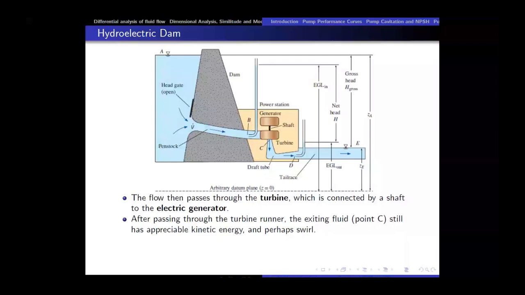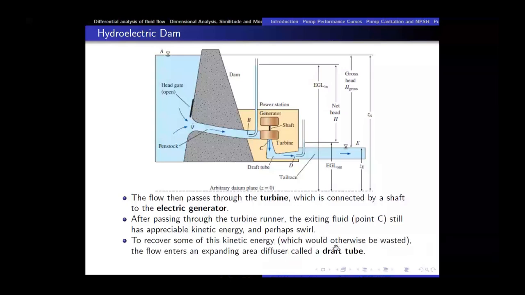To recover some of this kinetic energy, which would be wasted, there is a draft tube here. As was also mentioned in the video, it has a diffuser type shape, so it increases the static pressure, right? The draft tube turns the fluid horizontally while increasing the pressure. Why do we want to increase the pressure? To avoid cavitation and to recover the losses as well.